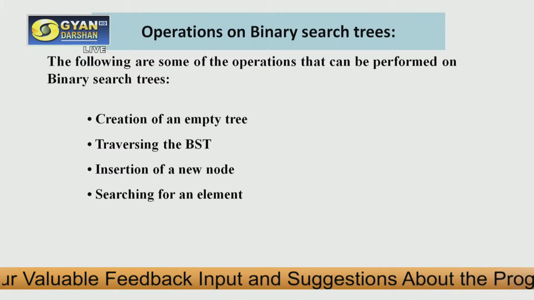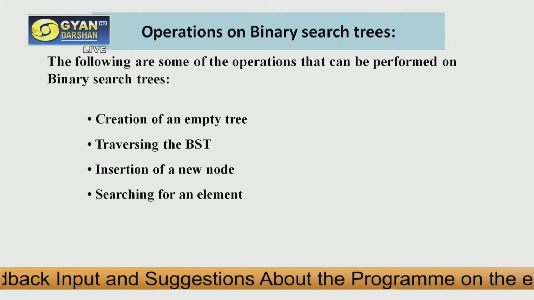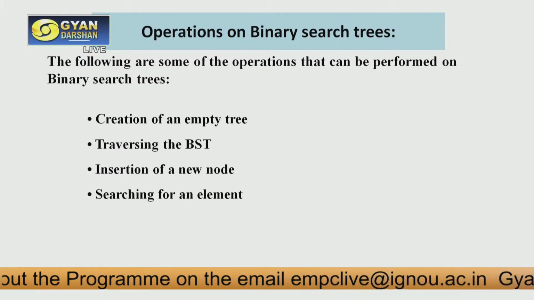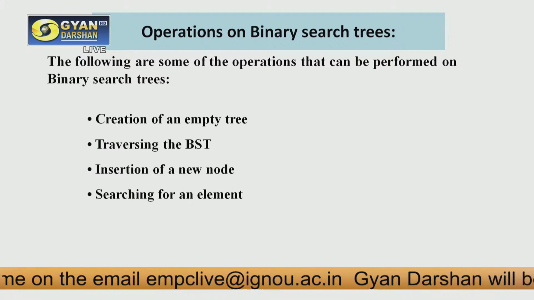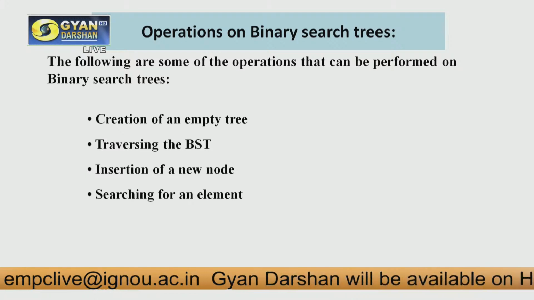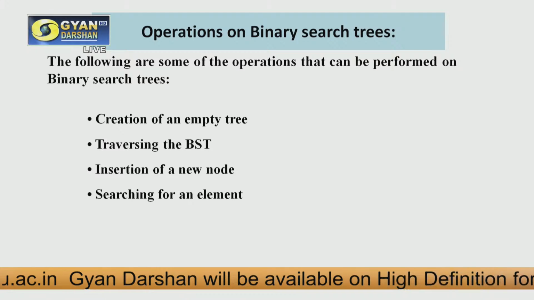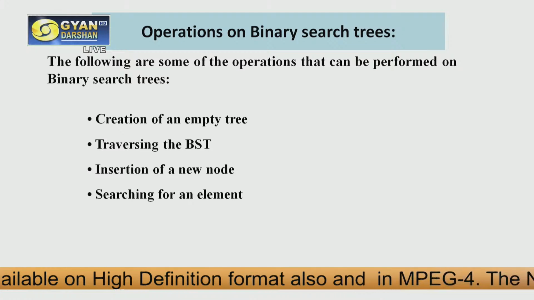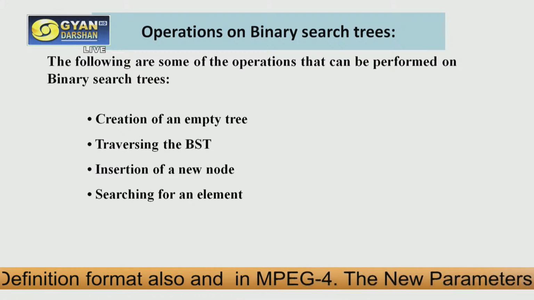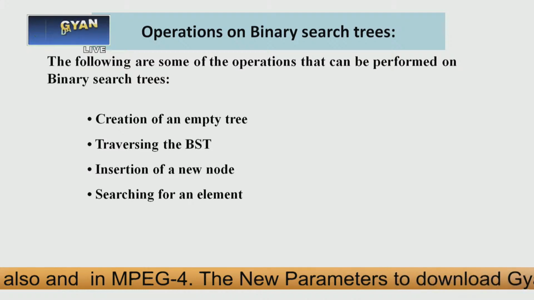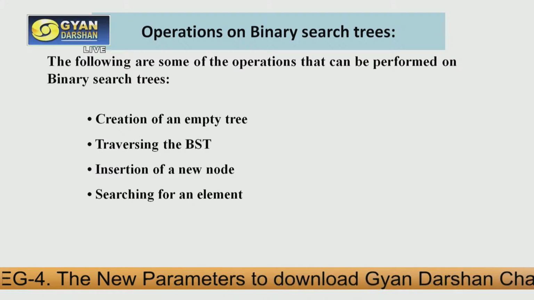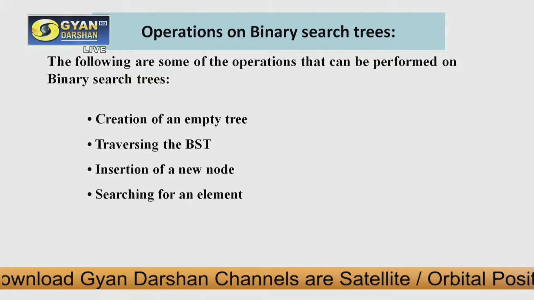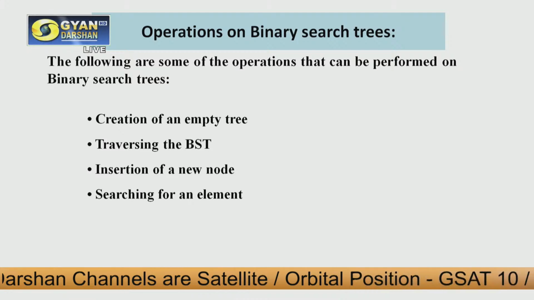We can search for an element. This is one of the applications of BST, that we can search any given element in less time in comparison to linear search, where we have to check each and every element to find a given key. Here in the BST we search faster: we compare the key to be searched with the root, and we know whether it is smaller or greater than the root.